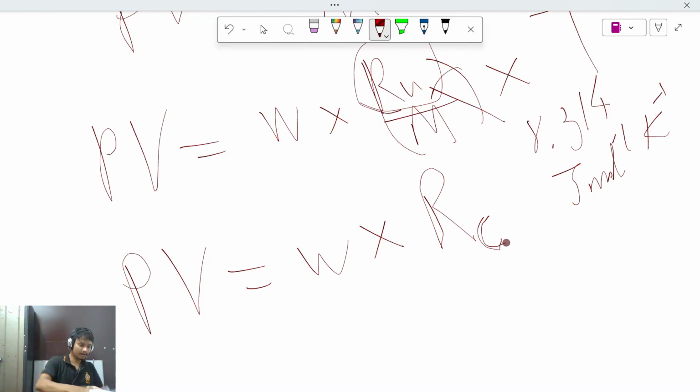We already had this in our first question. In part A, we had to find the characteristic gas constant, which is RC.